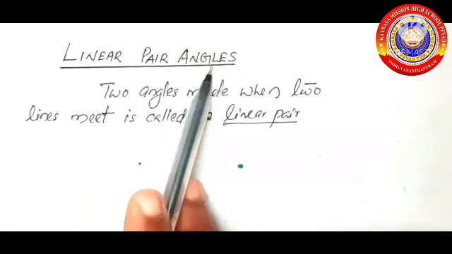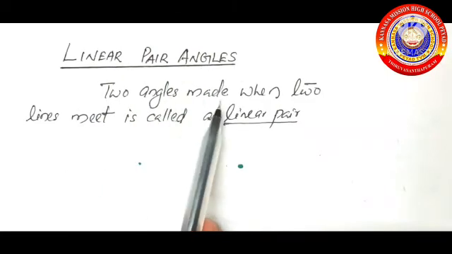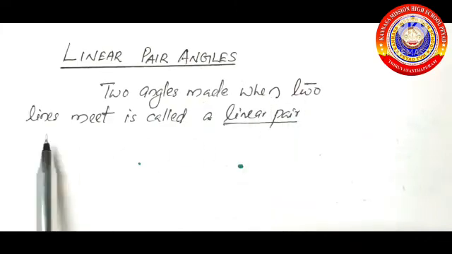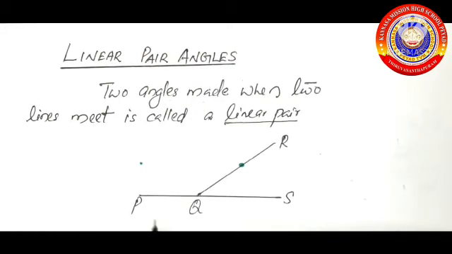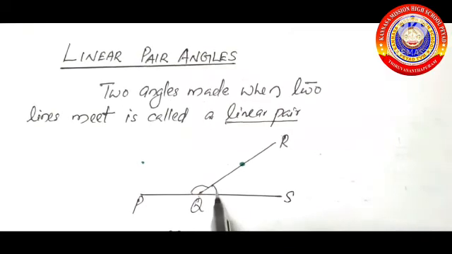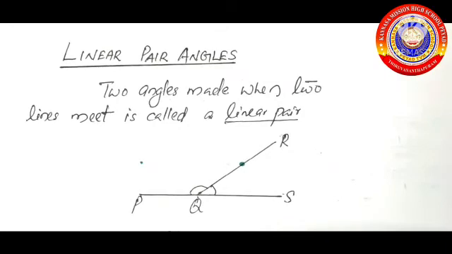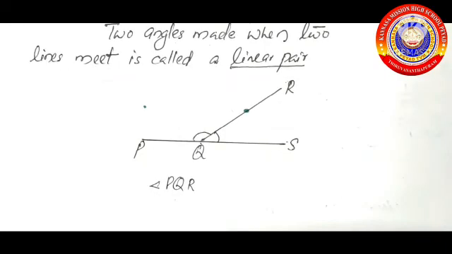The two such angles made by the two lines meeting is called a linear pair. For example, PS and QR, two lines meet at a point Q. Then two angles are formed, angle PQR and angle RQS.